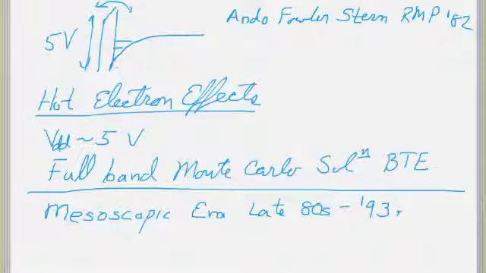So 88 to 93, about a 5-year period. And two experimental capabilities provided the impetus for this. One was the extremely high mobility two-dimensional electron gases in gallium arsenide AlGaAs systems.